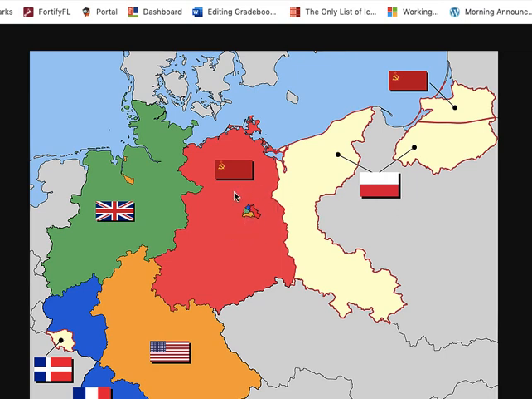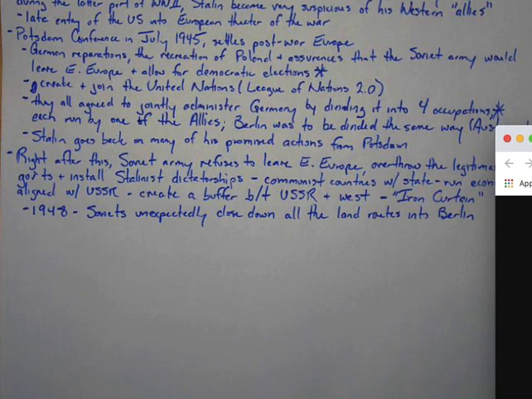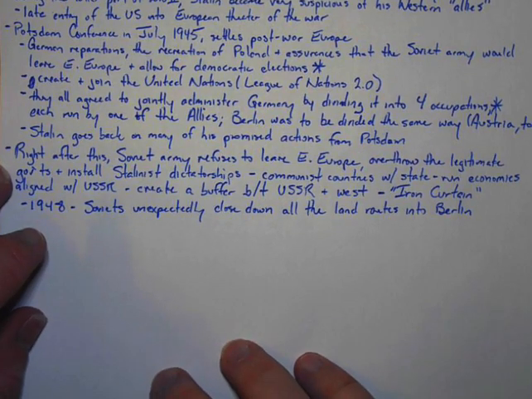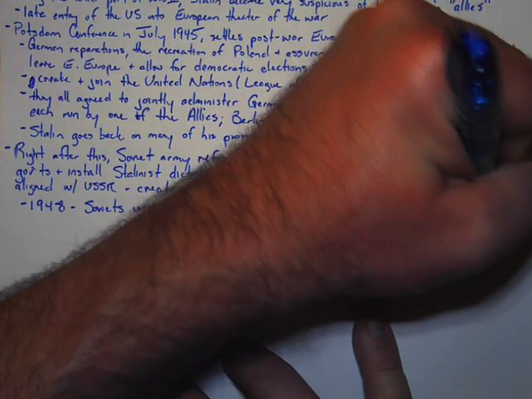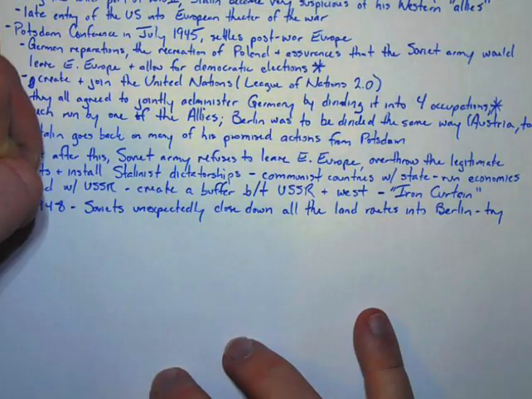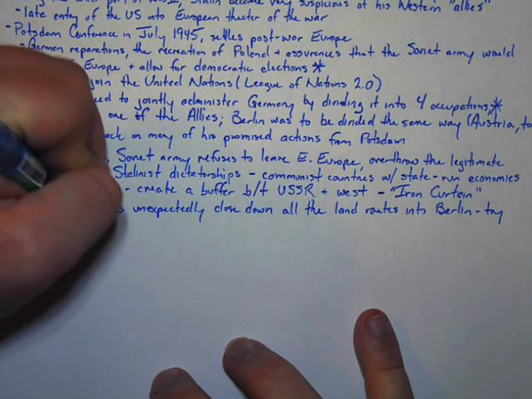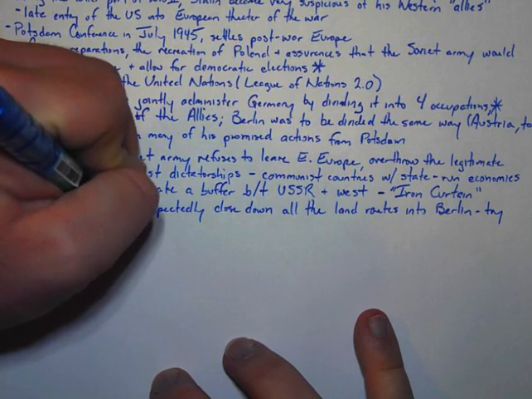And the fact that this city is located in the Soviet zone allowed Stalin to cut off access to it. The point of this was to try to force the others out of Berlin.